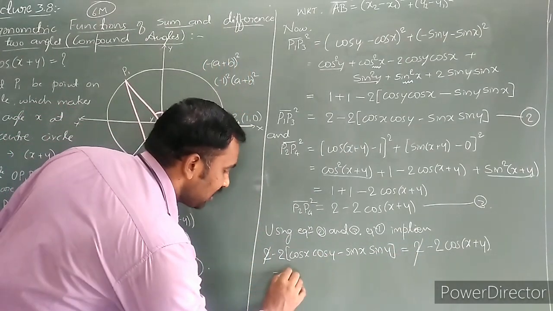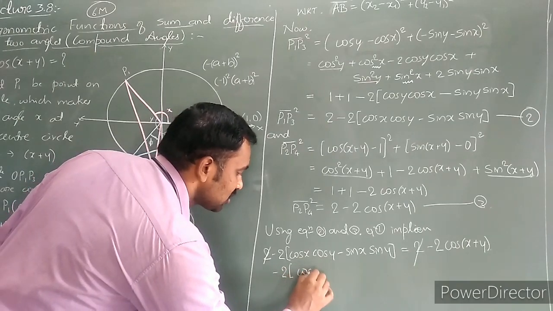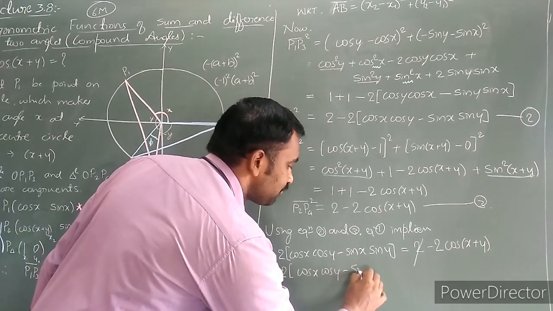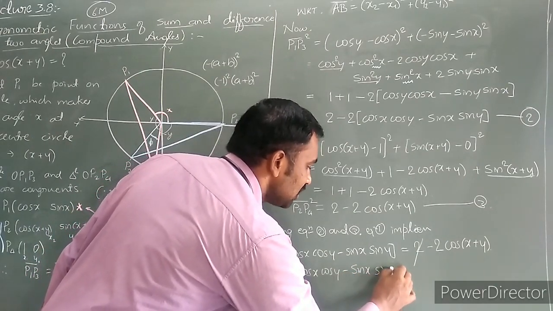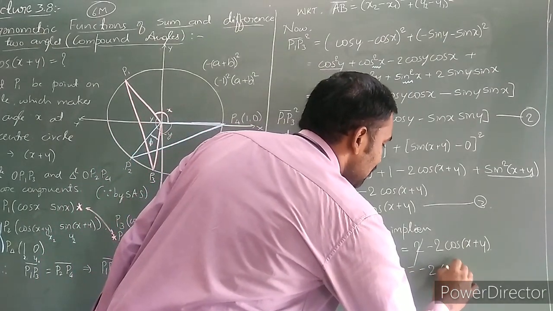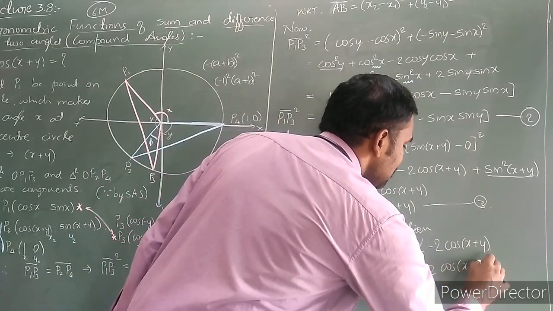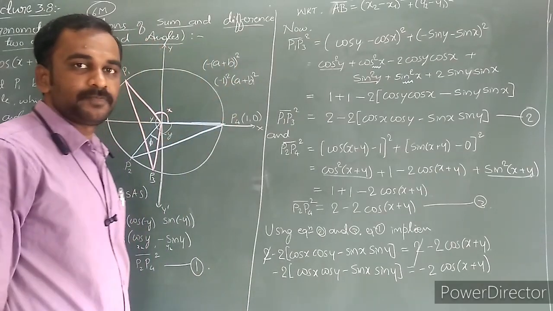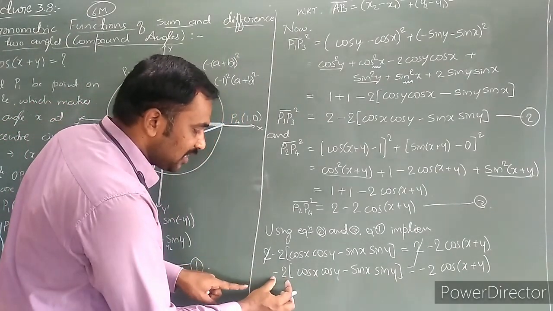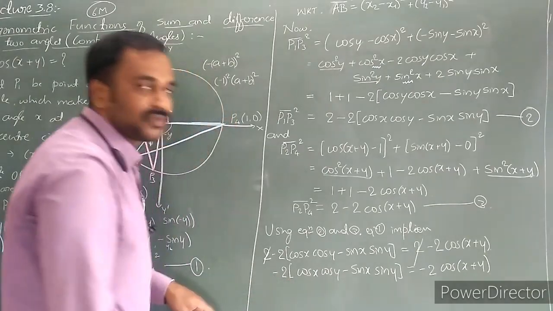And observe that minus 2 into cos of x into cos of y minus sine of x into sine of y is equal to how much? Minus 2 times cos of x plus y is left. Again, here minus 2 is one term, the square bracket is one term.